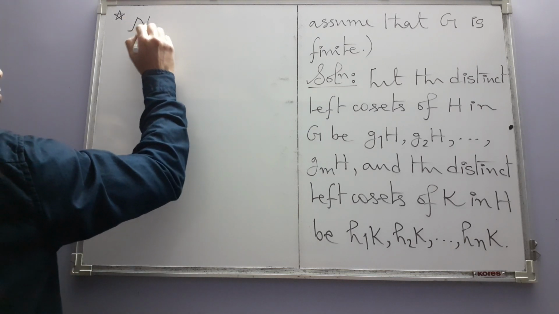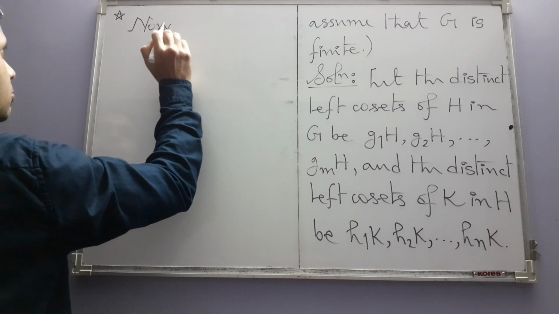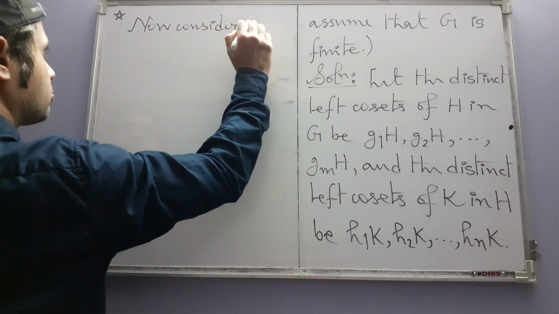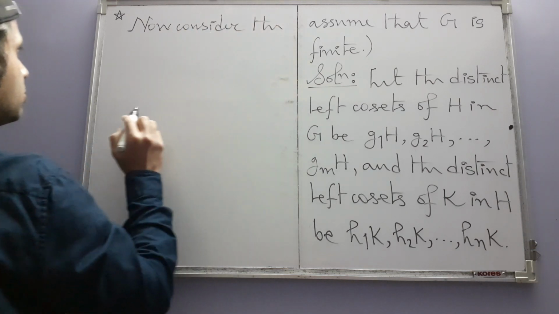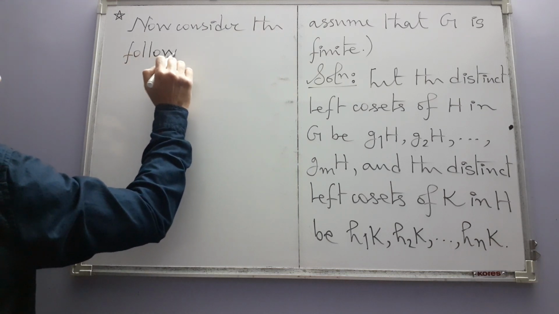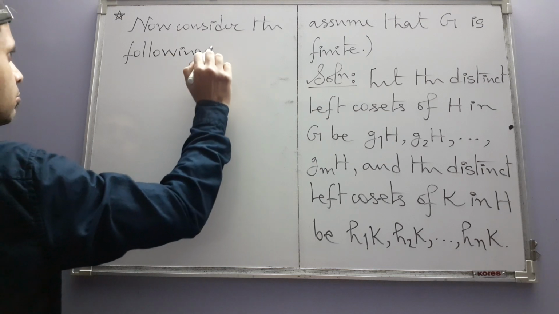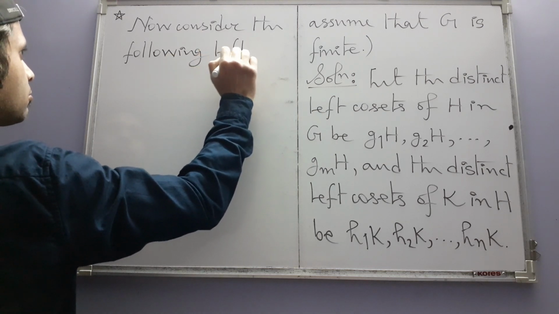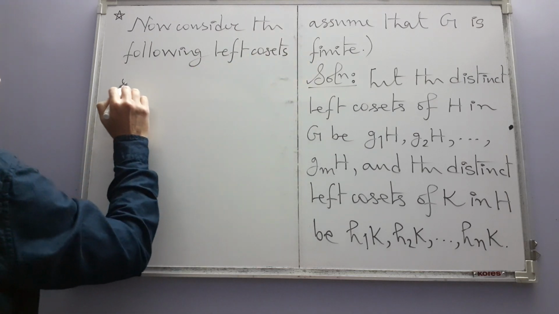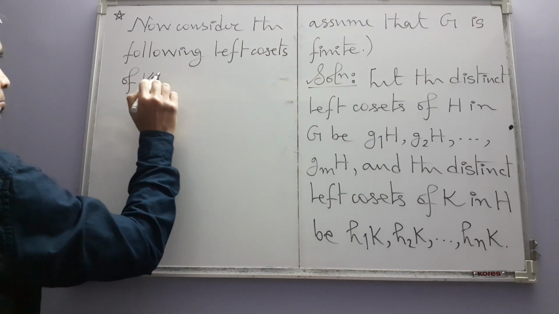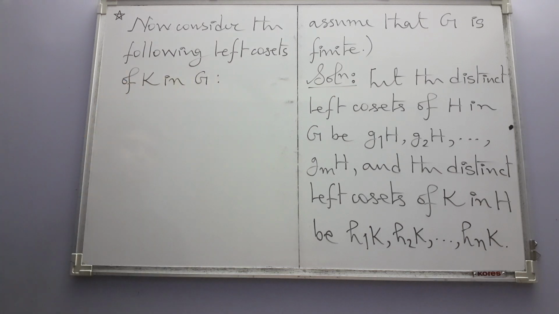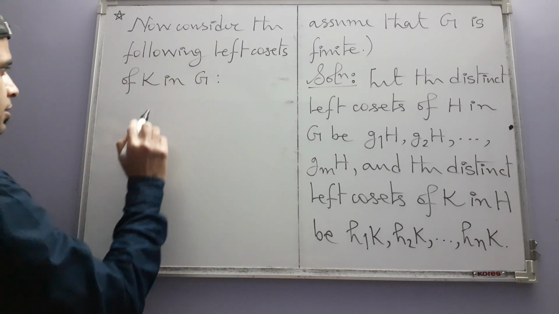Now consider the following left cosets of K in G, which are these.